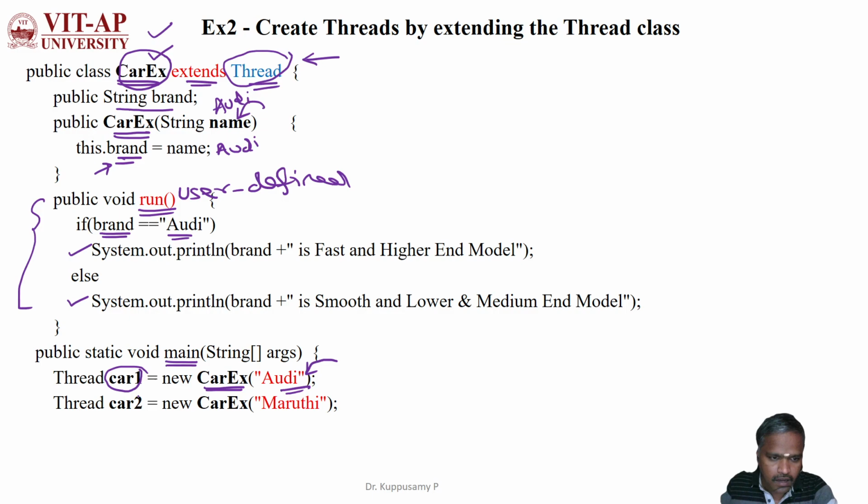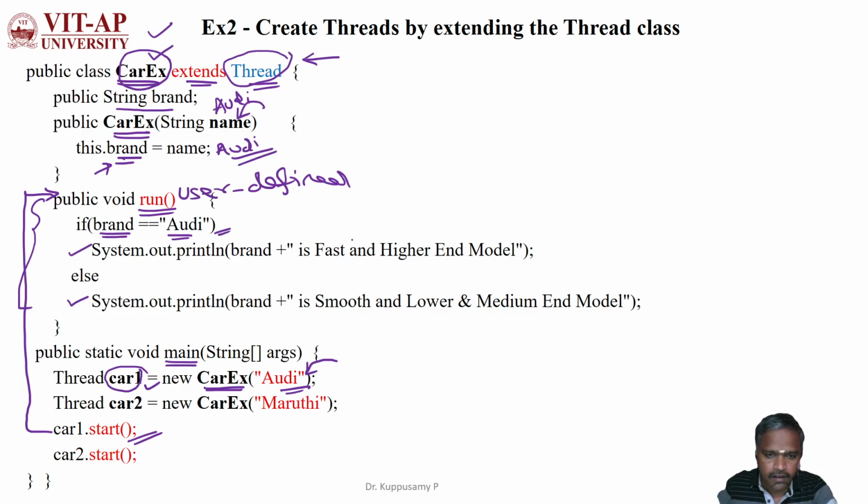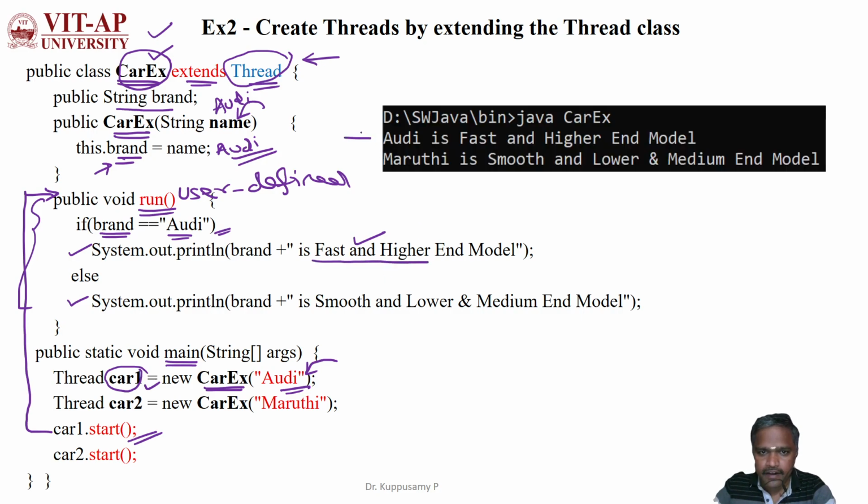Now car1 calls the start method. Once the start method is executed, internally the run method will execute. Now the brand name is carrying rd, which is assigned here, so both are equal, then it will show the statement: rd is fast and higher end model.